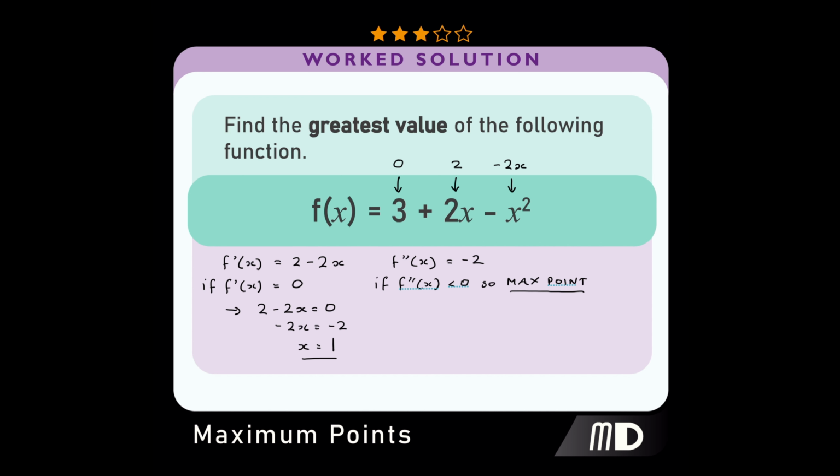And f of 1 is equal to 3 plus 2 multiplied by 1 minus 1 squared, which is equal to 3 plus 2 minus 1, which is equal to 4.